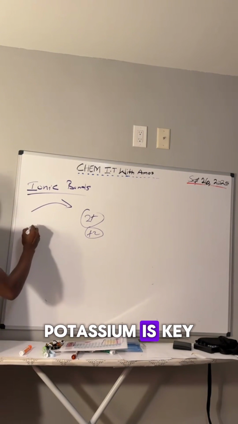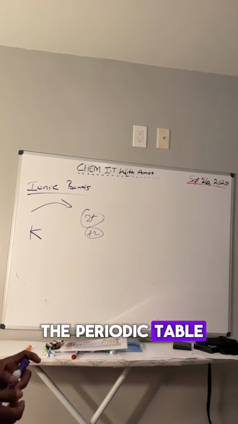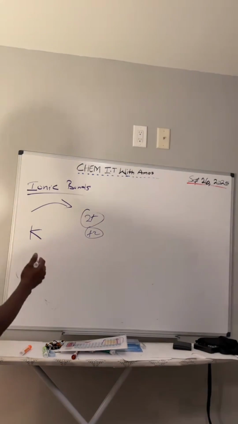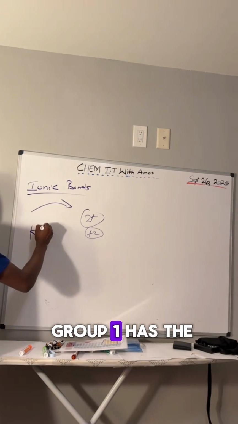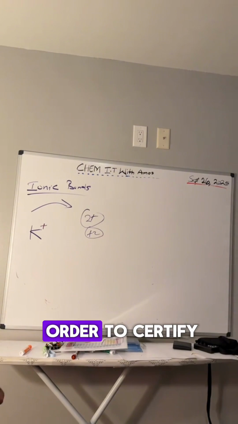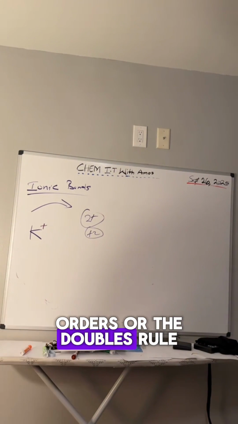Okay, so let's take potassium. Potassium is K. Potassium is in group 1 of the periodic table. That means it has a charge of positive 1, because we say elements in group 1 have a charge of positive 1. They want to give away one electron in order to satisfy the octet or duplex rule, right?